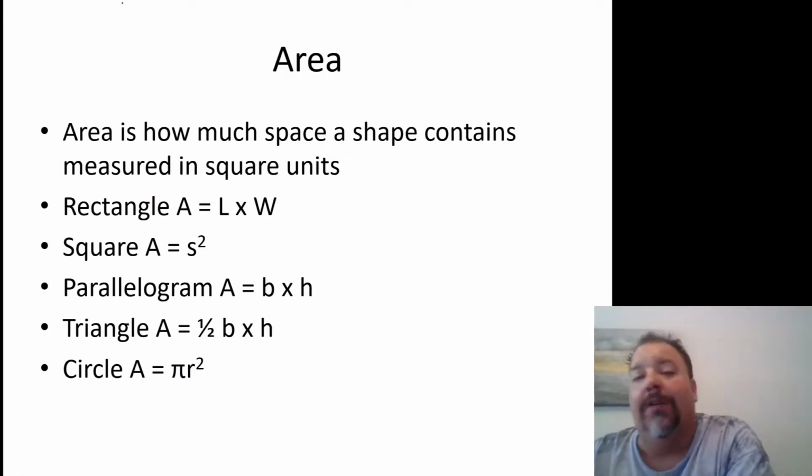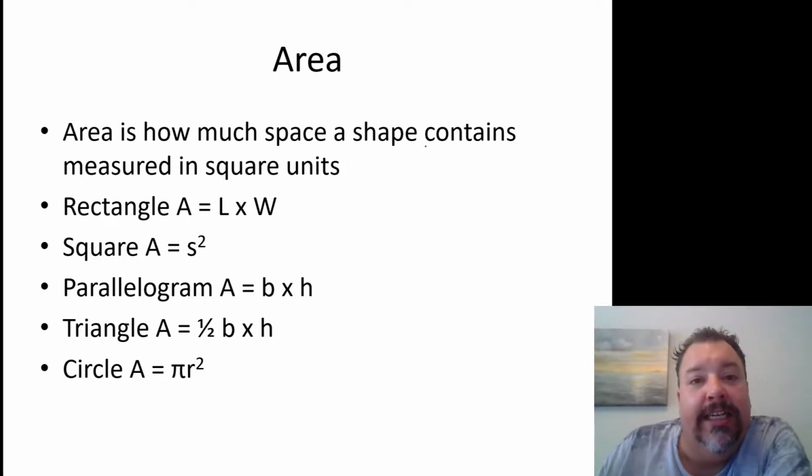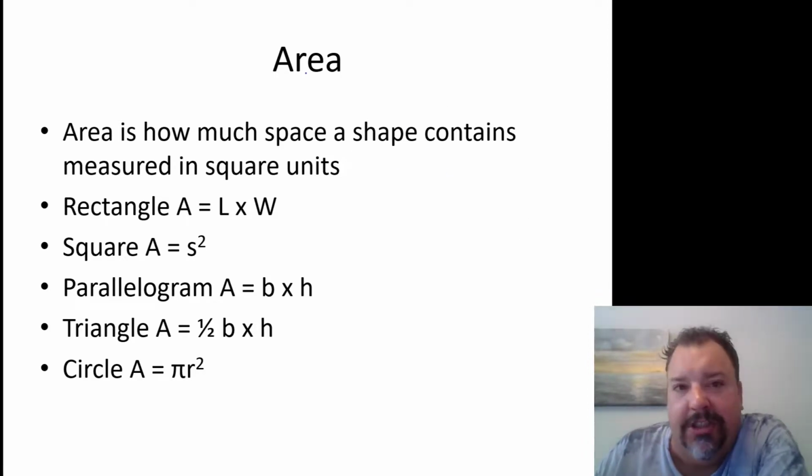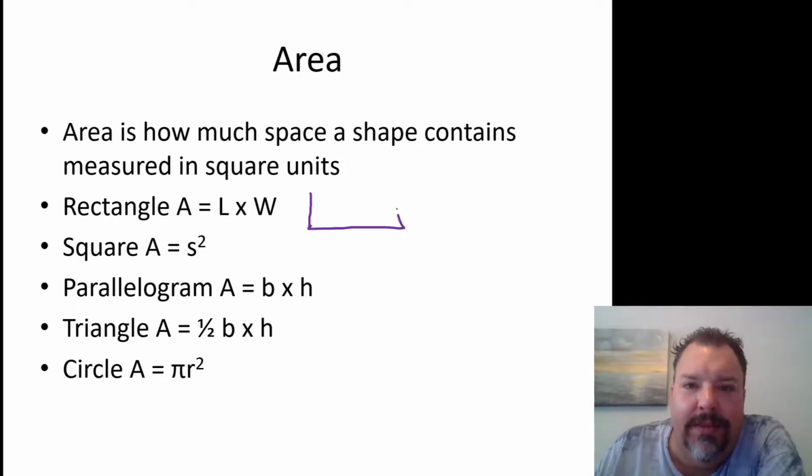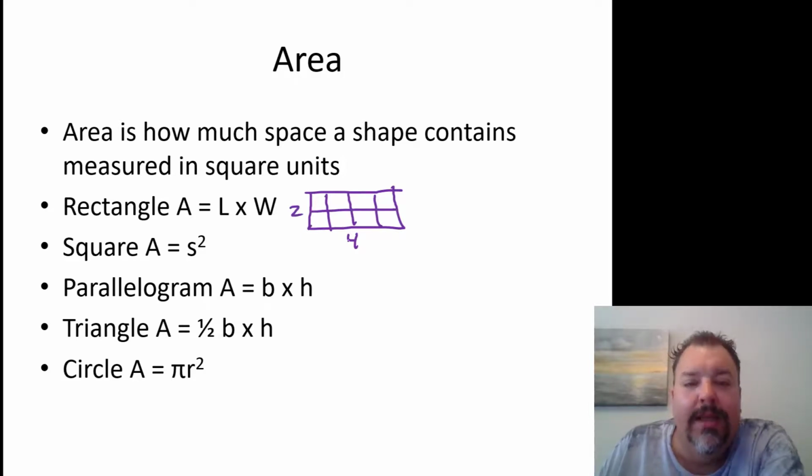Okay, we're also going to go over some area formulas. Area is how much two-dimensional space a shape contains, and it's going to be measured in square units. So for example, imagine you've got a rectangle, and maybe it's 4 inches this way and 2 inches the other way.